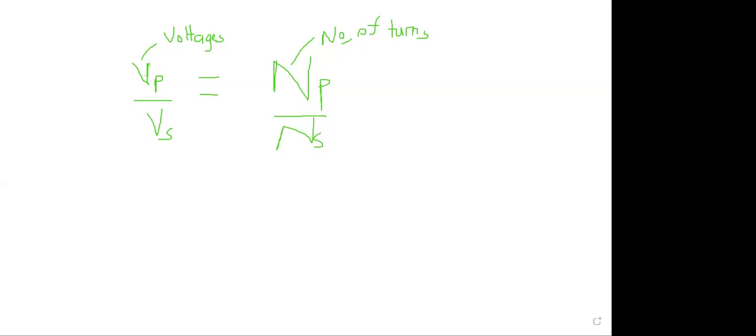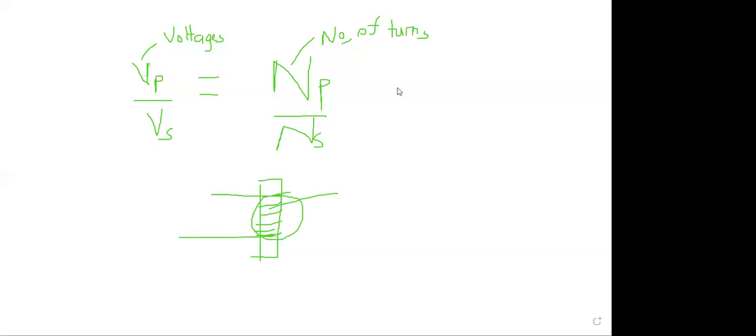So someone is asking me, what are the turns? Now, if you look at our transformers and the coils, you have seen that we have a wire coming in, and then that wire is rolled around something like this. Those rolls that are made are what we call turns. Let me show you here.